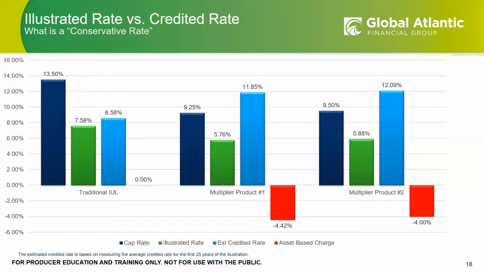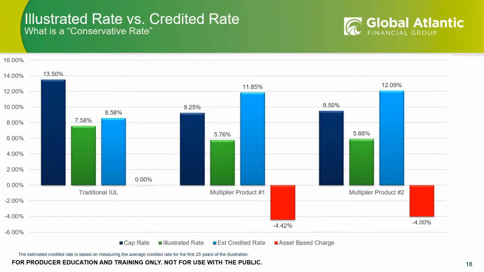Now, there is another piece of the regulation that talks about a benchmark index. For Global Atlantic, the S&P 500 is our benchmark index, and it's the same for almost every carrier selling IUL. They're using the S&P 500 as their benchmark index to go back and measure that cap, floor, and participation rate to calculate their maximum illustrated rate.